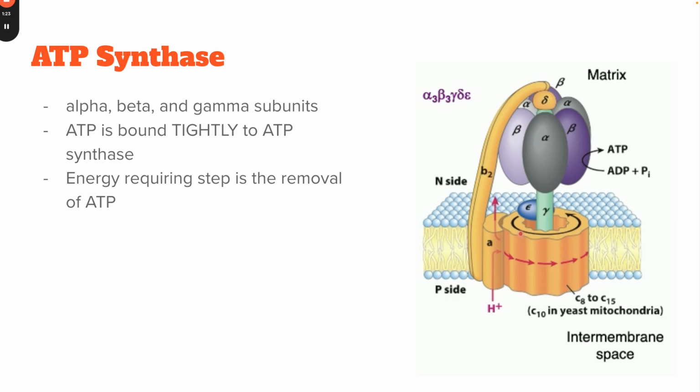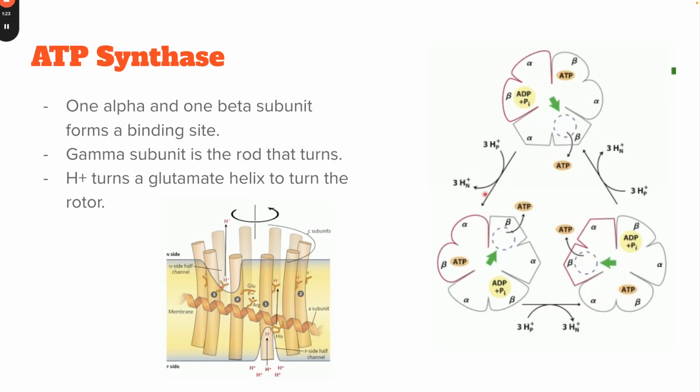All right, and so the energy requiring step when we're using this protein is the removal of ATP itself from the subunits. So if we look at this diagram, I want to focus more on the right side. We have 6 individual subunits, alternating between alpha and beta.